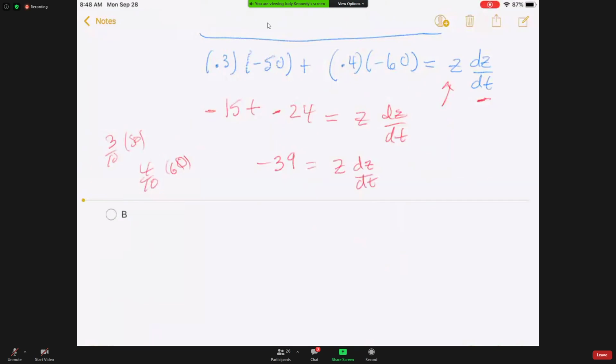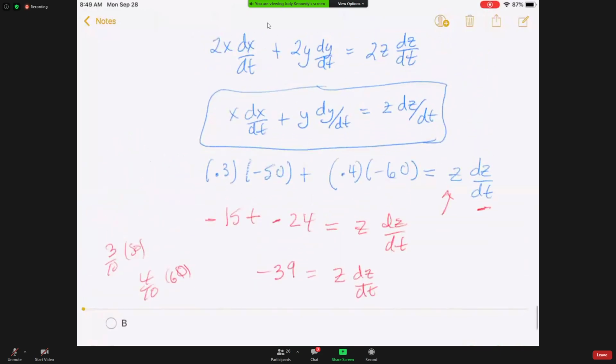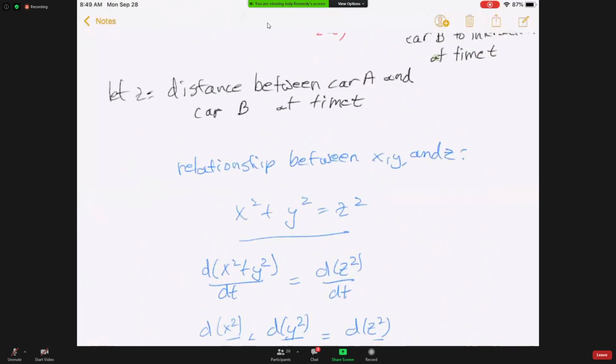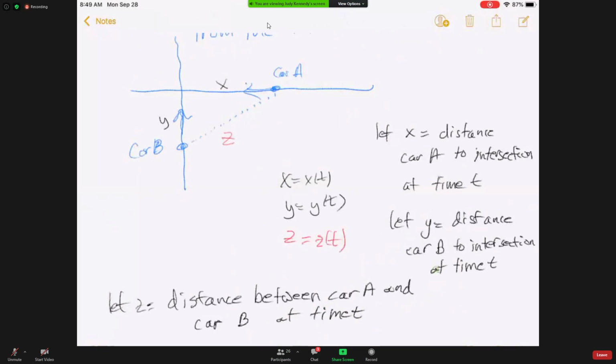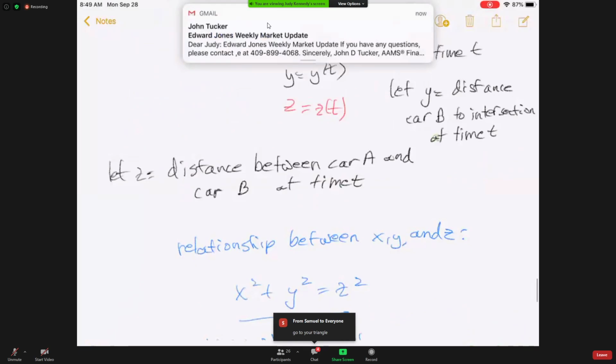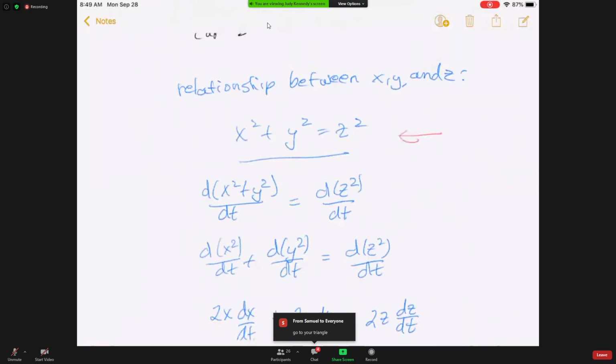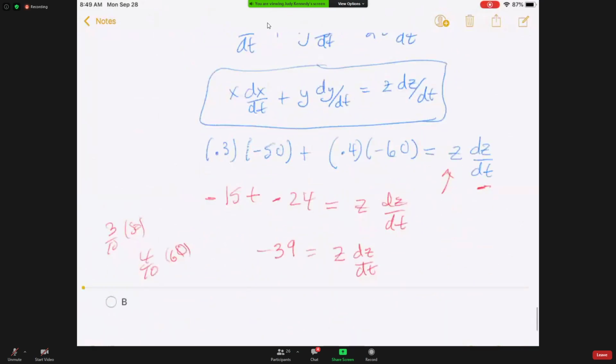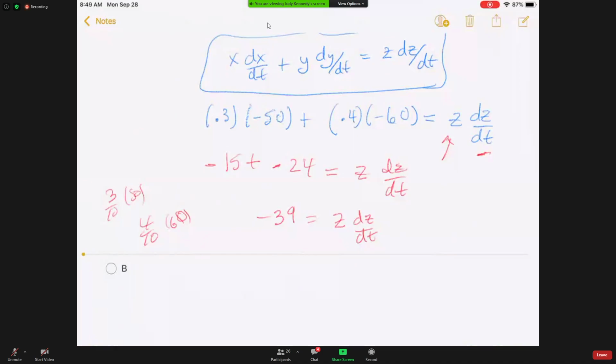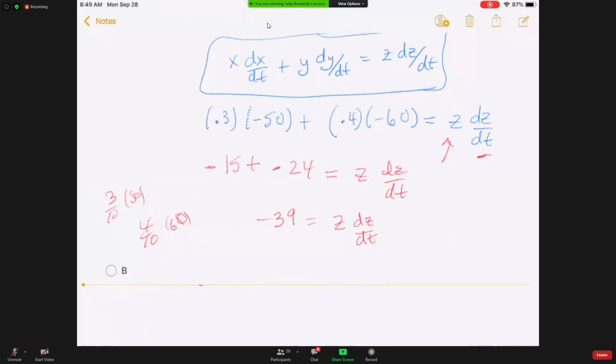Well, how do I find z? Here's where the Pythagorean theorem comes in again. This still holds for every time t. So z, and this is at one moment in time: the moment when car A is 0.3 miles from the intersection and car B is 0.4 miles from the intersection.